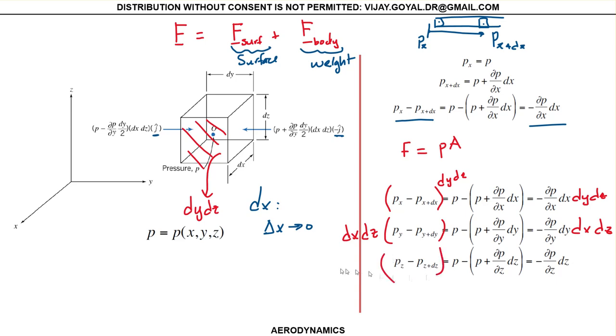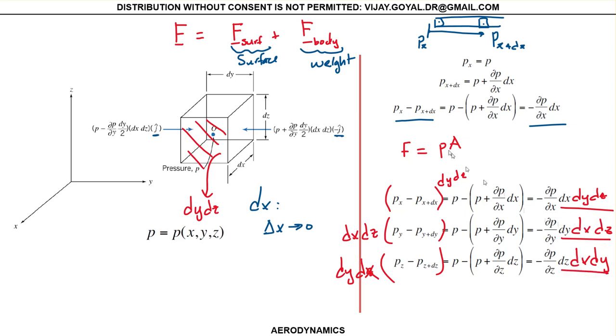In this plane it is dy dz. As you can see, when it's in z, it is this area dx dy. Okay, and if you realize now, all of these are identical. You see, they're completely the same.